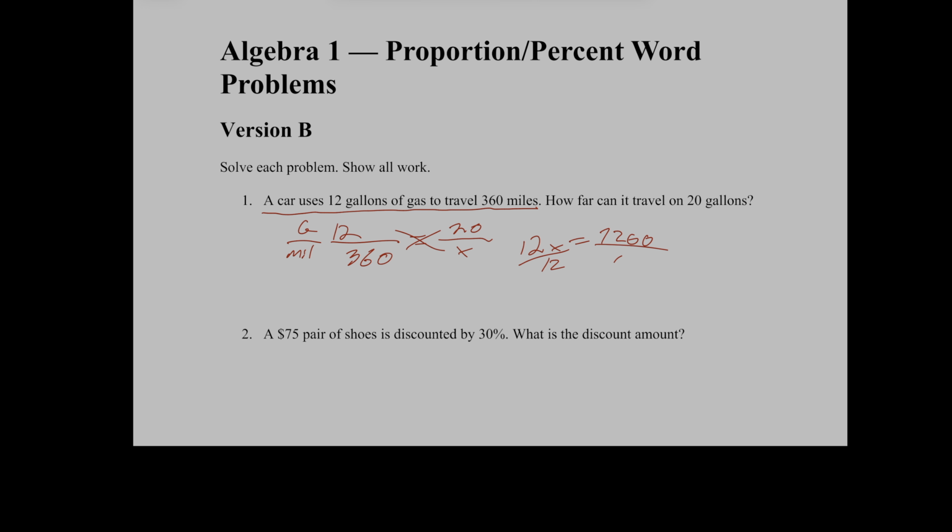Once I divide everybody by 12, x equals 7260 divided by 12, which is 605. So you can go 605 what? The one we didn't have is miles, so we can go 605 miles.